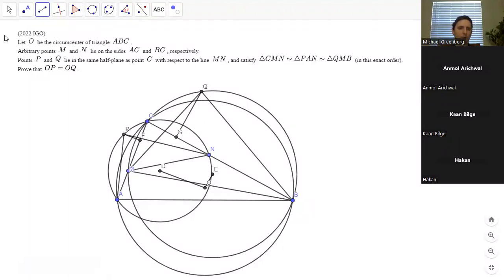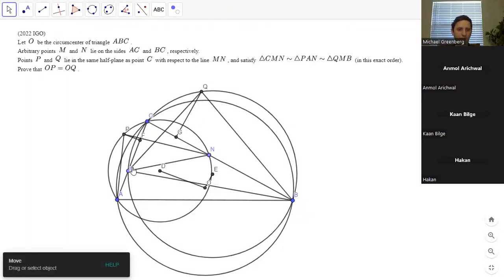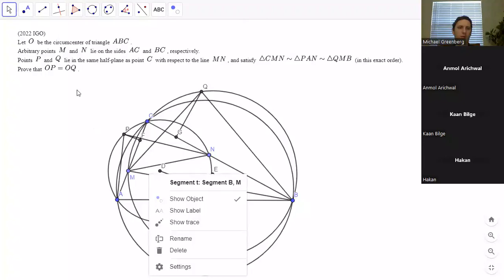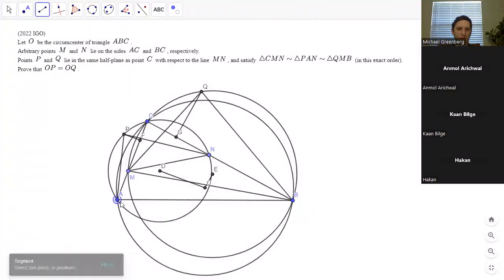We might have some similar triangles because we have so many equal angles. So are these triangles similar right here?